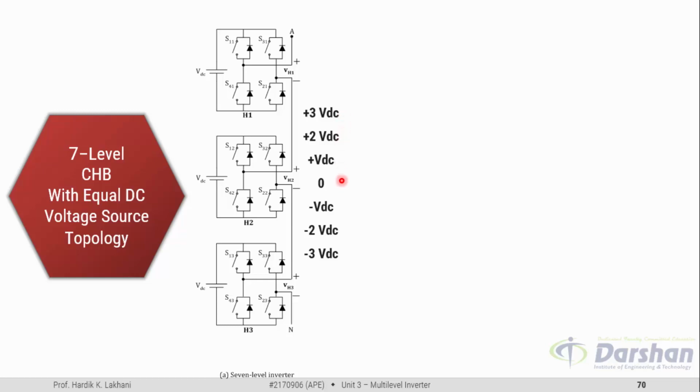We are supposed to execute the switching pattern in the reverse manner, and after that we have to go for the negative half cycle: 0 to minus VDC, minus VDC to minus 2 VDC, then minus 3 VDC, and after reaching the negative maximum value, we have to execute the table in the reverse manner, that is from minus 3 to minus 2, and then minus 2 to minus VDC, and thereafter 0.